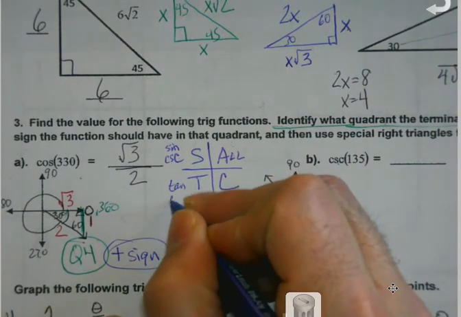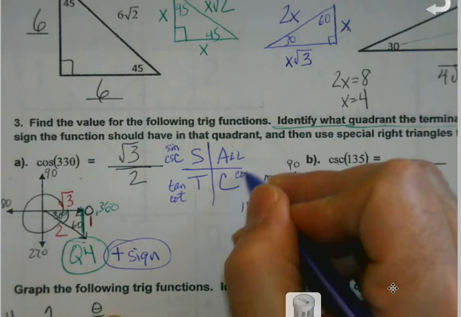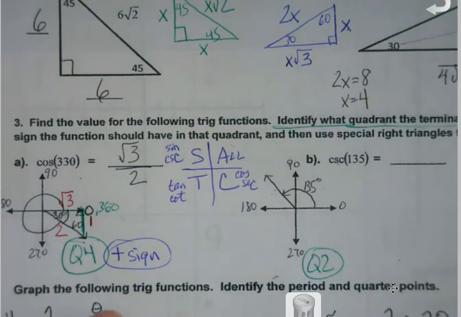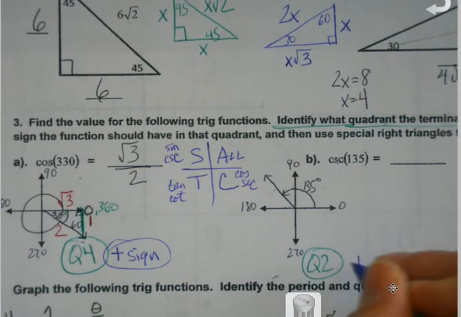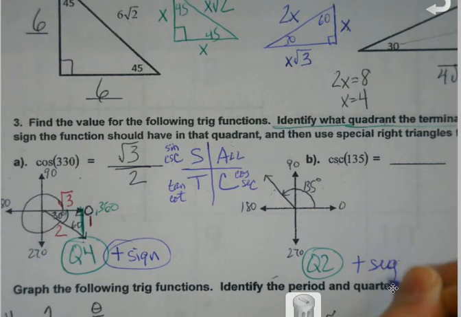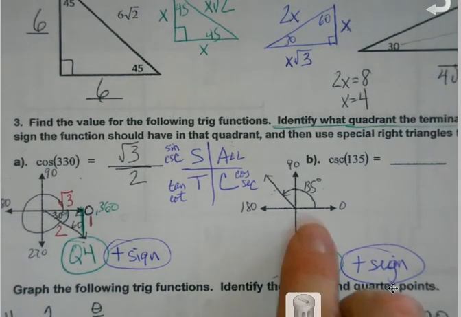This would be tangent and cotangent. And this one would be cosine and secant, and that's where they're positive. So I notice again, quadrant 2 is where sine and cosecant are positive. So this is going to have a positive sign. If it would have been in quadrant 3 or 4, it would have been negative.